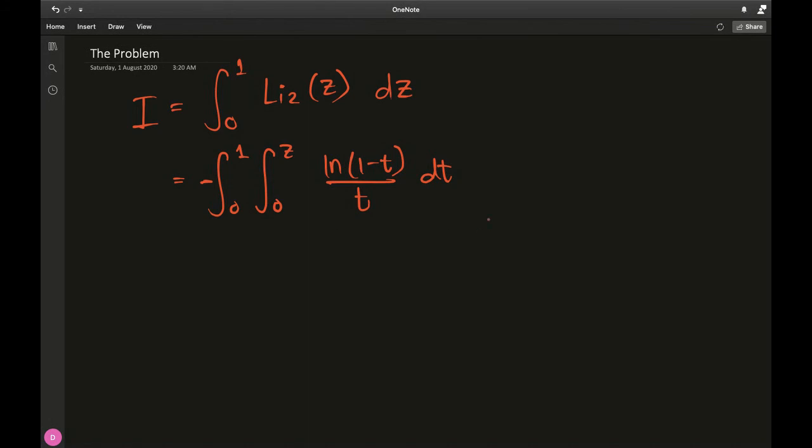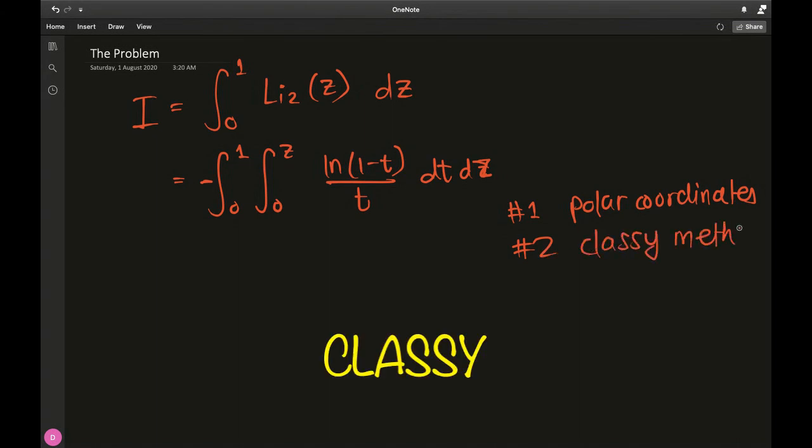So option number one, you could go forward with changing the coordinates to polar coordinates, because this is a double integral. Best way to calculate some of these is to convert to polar coordinates. But option number two is what I call the classy method. Let's face the fact, polar coordinates might work, might not work, I don't care.